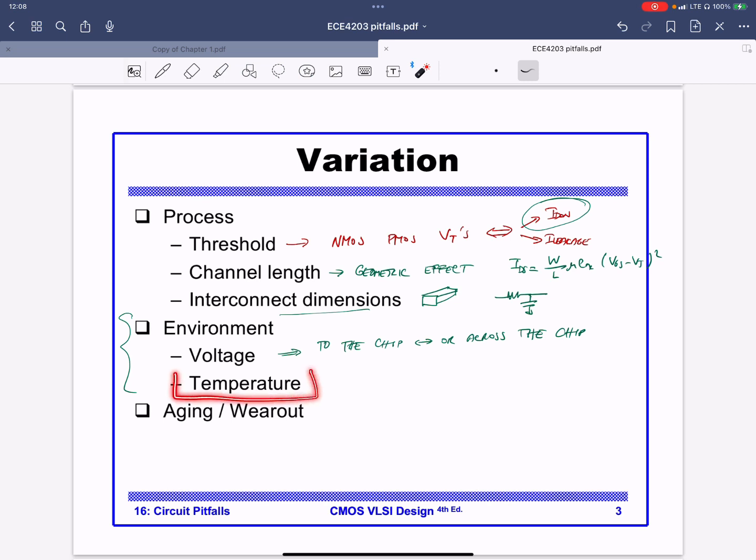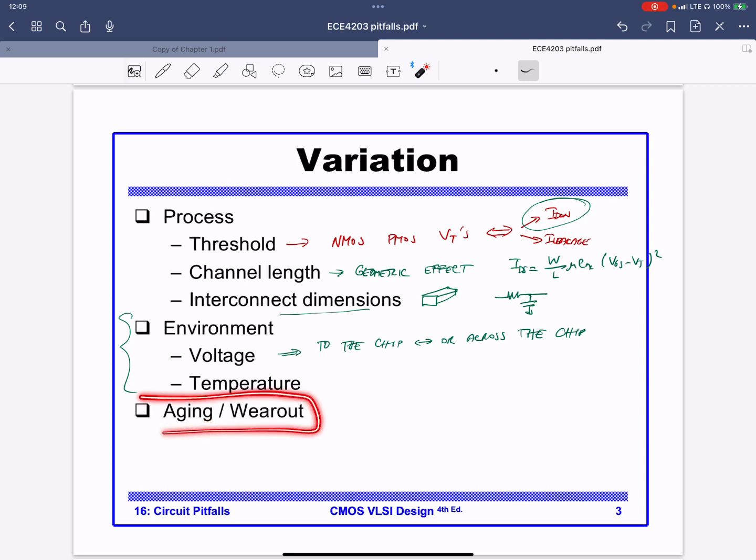The temperature of the chip might vary either across the chip or of a chip itself, and the hotter the temperature, the slower it'll get. The colder the temperature, the more power consumption it'll use.